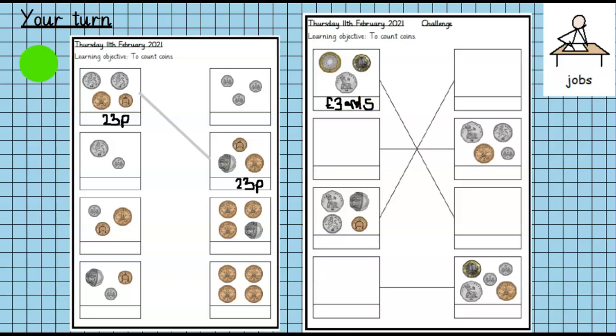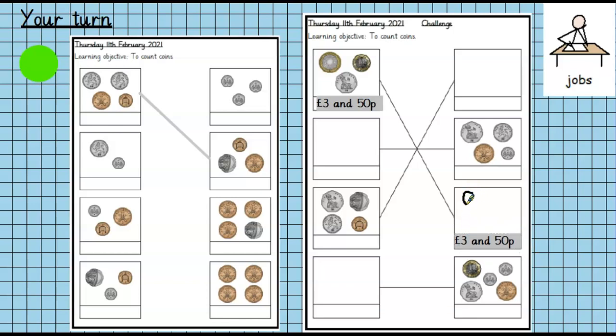Let me just do that a little bit neater because it's a bit difficult on my computer. £3 and 50p. And it says the line's going down here, so that means I need to make this also £3 and 50p.